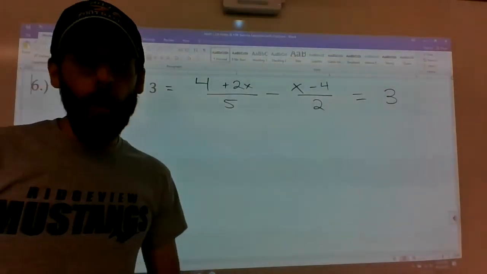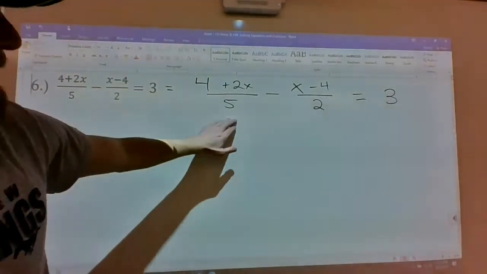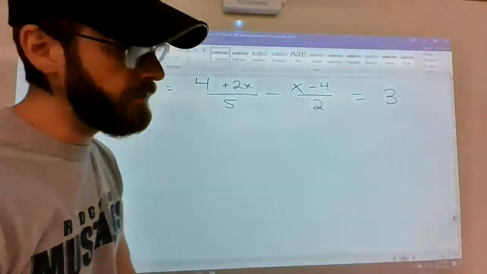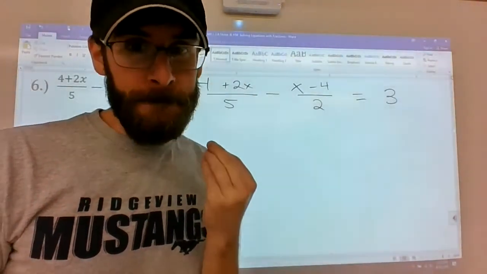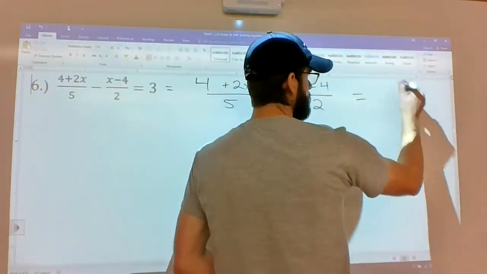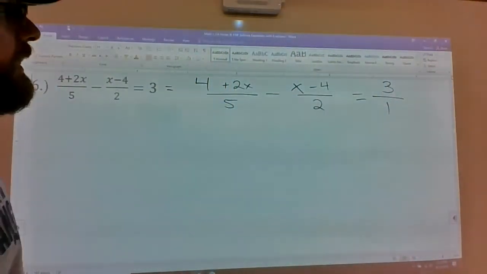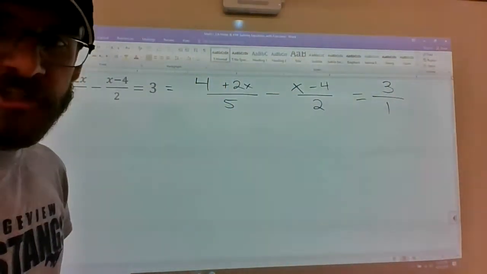All right, so what do we do if there's a fraction and then a whole number? Well, to avoid making a pivotal error, let's just make them all fractions. 3 is the same as 3 over 1, and hopefully we'll reduce any weird issues there.